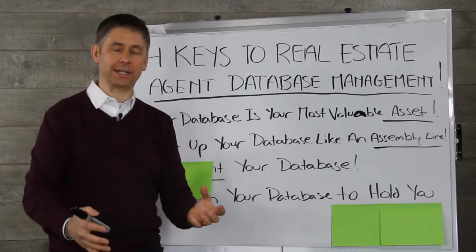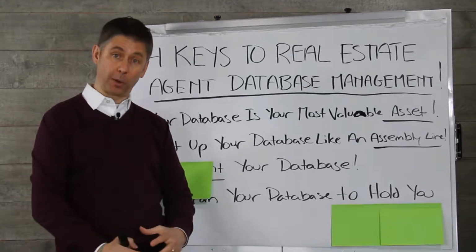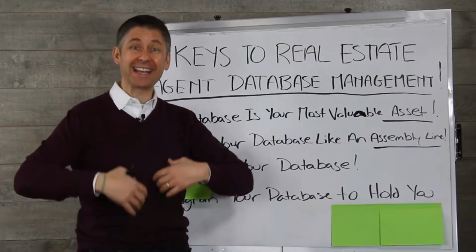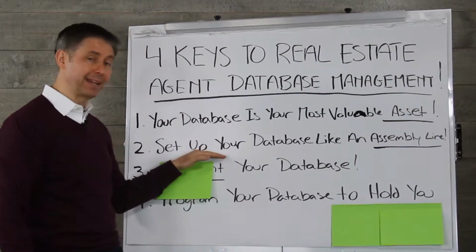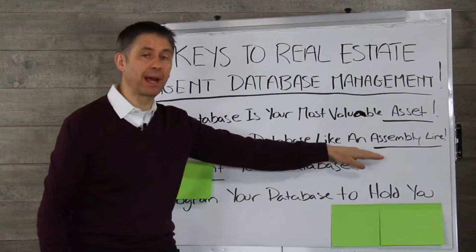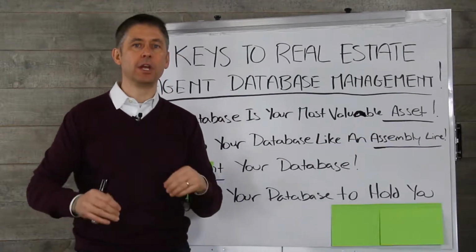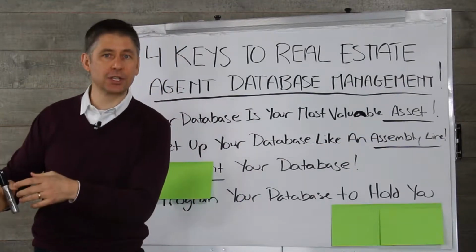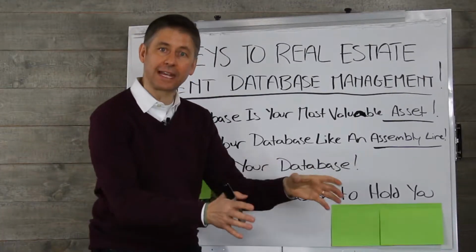It's just a place where we can take names, numbers, and addresses and people, yes, relationships with people. We are in the service business, but you still should set it up like an assembly line because all contacts are not the same. Their disposition changes as they go through your system or your business like an assembly line.